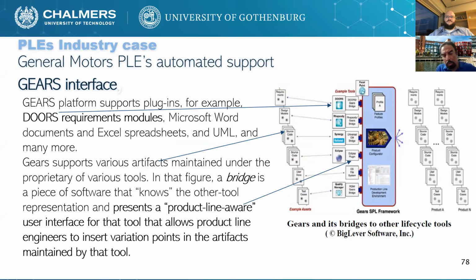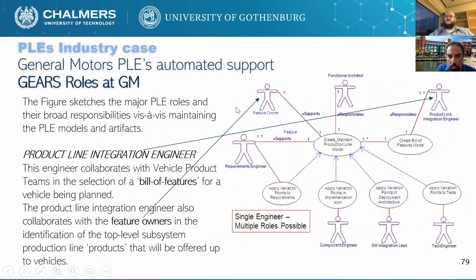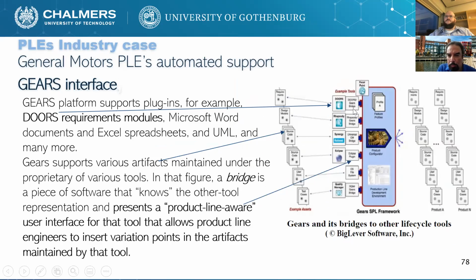If one of their vendors is not using Gears, let's say they use FeatureIDE or pure::variants, they developed what's so-called the bridge. As you see here, these bridges are implemented at the edge of Gears. It enables them to interface with their vendors. These are their vendors that are supplying them with external products and services.